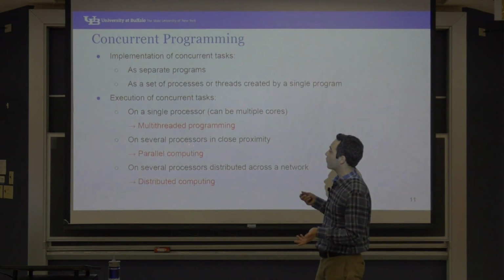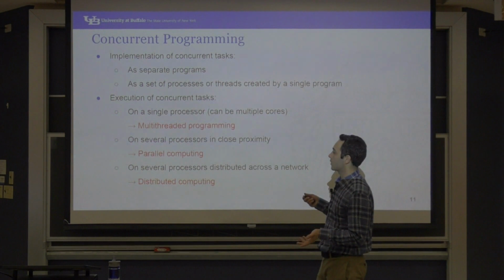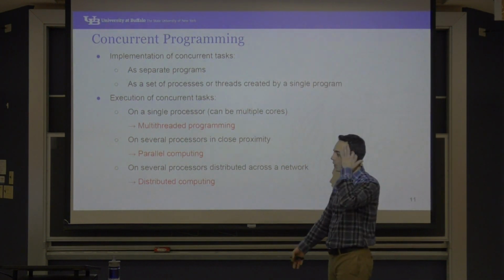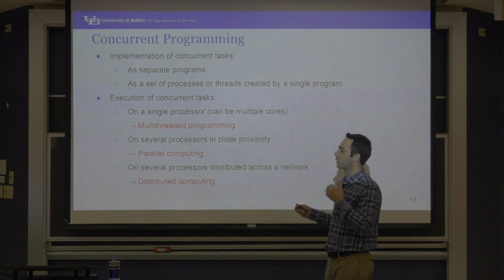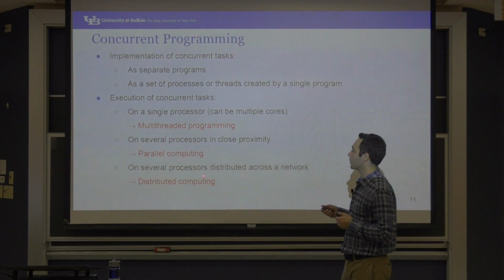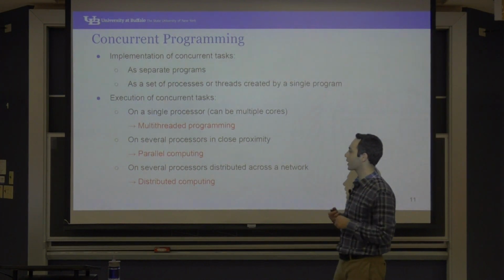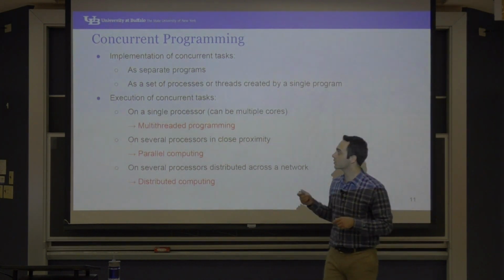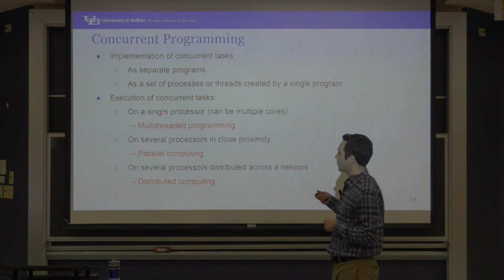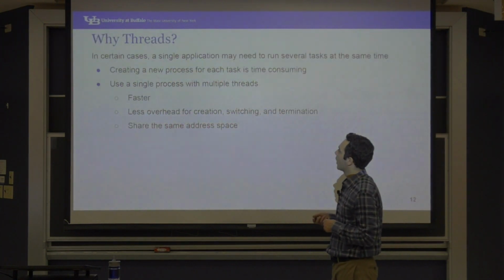If you have several processors working in close proximity, like a server, for example, then you can have parallel computing. That's what it's called. And if you have several processors distributed across a network, that will be distributed computing, right? These are just different models. So this is the case that we're talking about today, right?